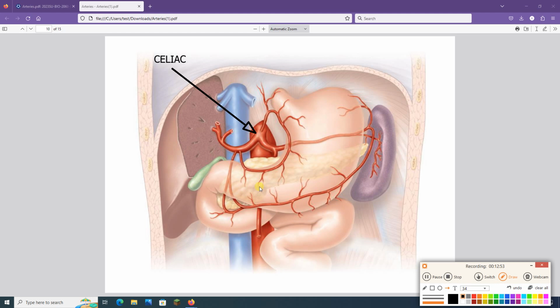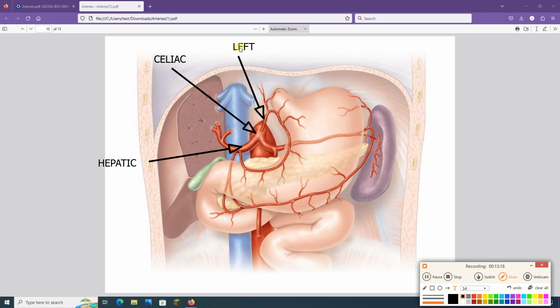Now, my celiac, 3 syllables, 3 branches. The branches include my hepatic artery. Branches include my left gastric artery.